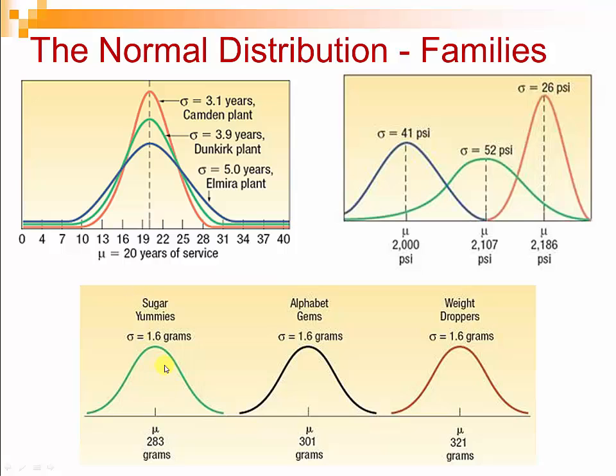On the bottom we have the exact same standard deviation, so all of our distributions look identical, but they are all on different means. And in the top right we have unequal means and unequal standard deviations, so we're all over the place with this.